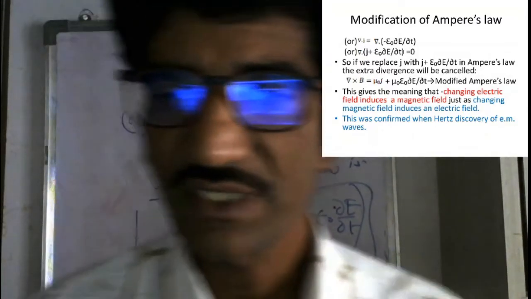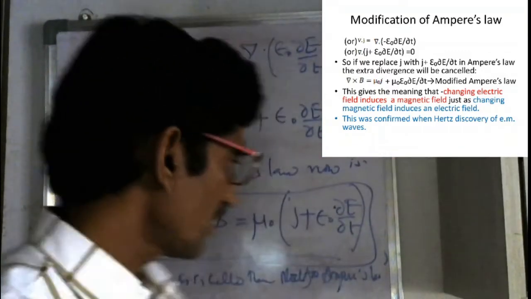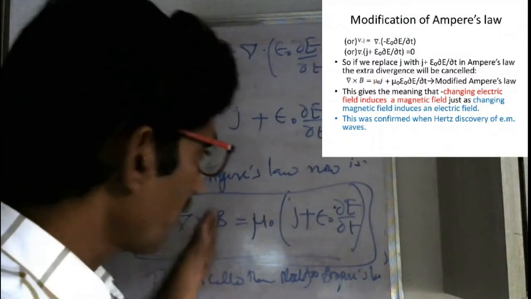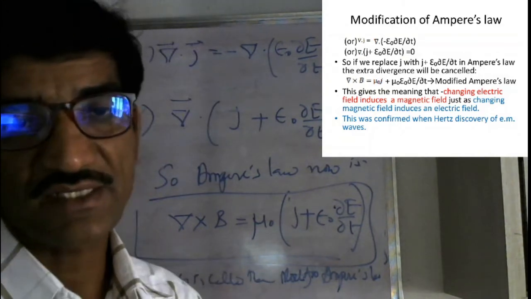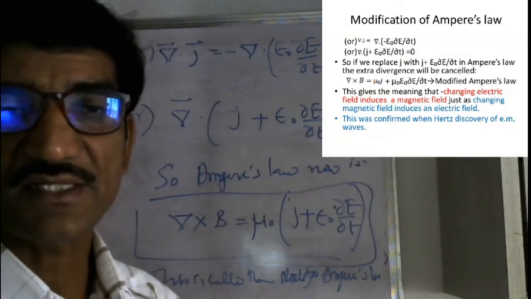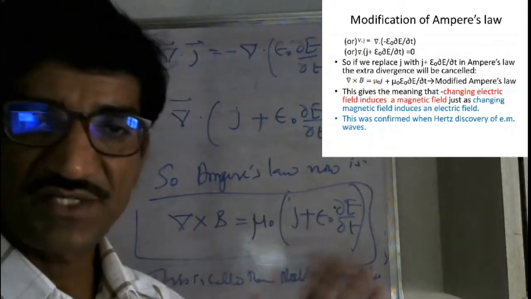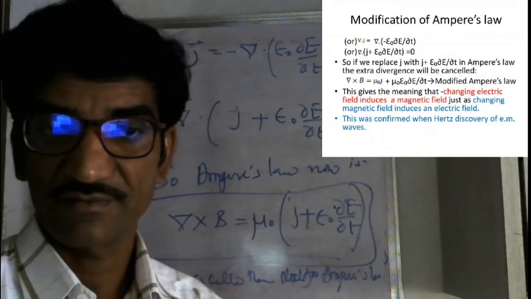What is the meaning of this? Here, on this side, we have variations in the electrical field. On this side, we have magnetic field. So, according to Faraday's law of electromagnetic induction, whenever you write the Faraday's law in differential form, you have something different there. What is that?